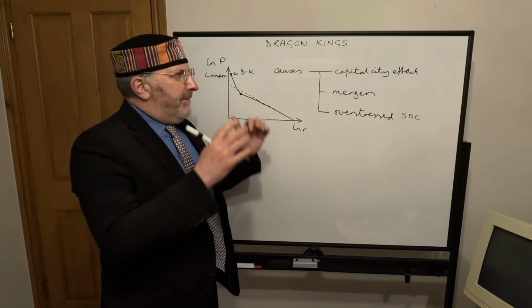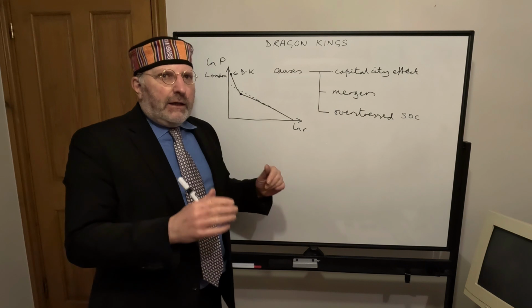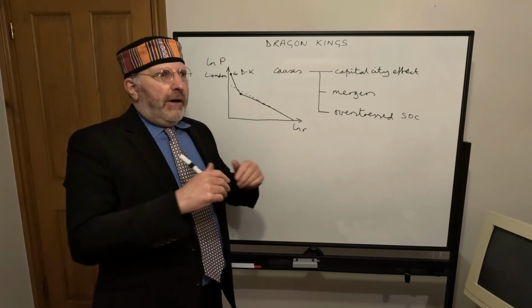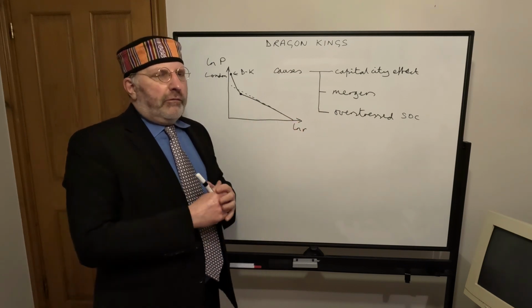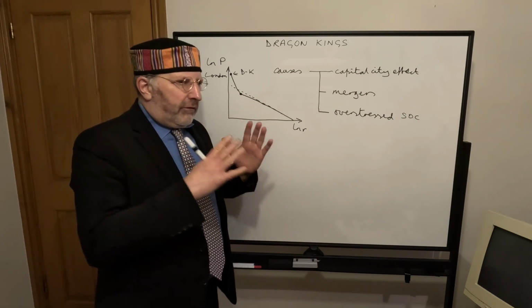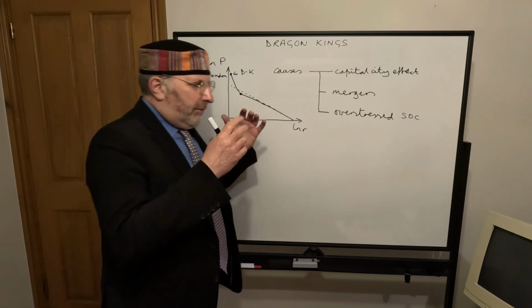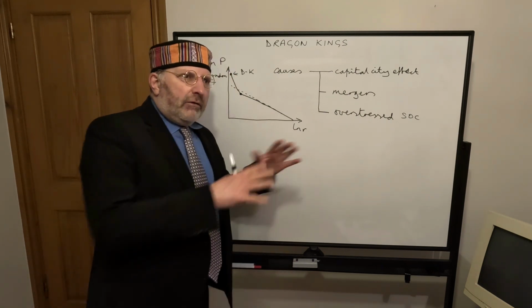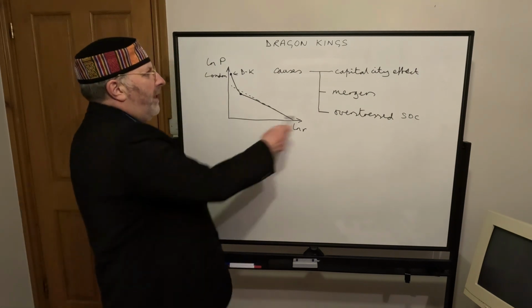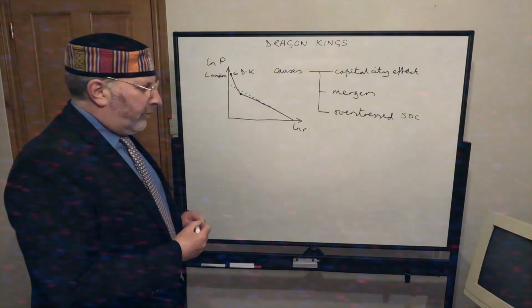So the next event you'll see will be particularly outstandingly large. It won't be part of the normal power law that you would expect. So the system has been put in an excessively stressed state, and it then has to release all that to get back into the power law condition. So these are some possible explanations for why we see dragon kings.